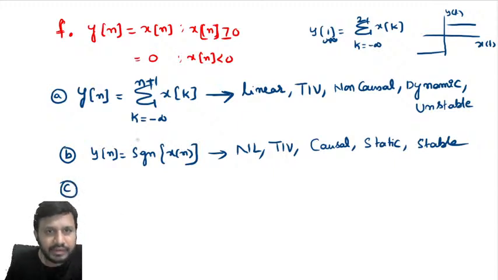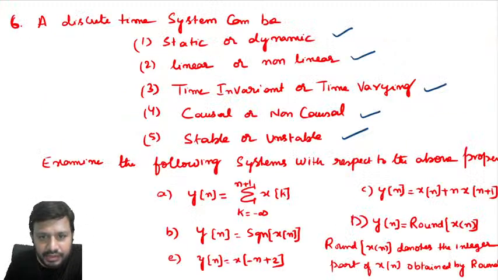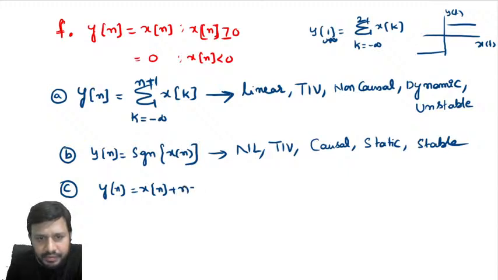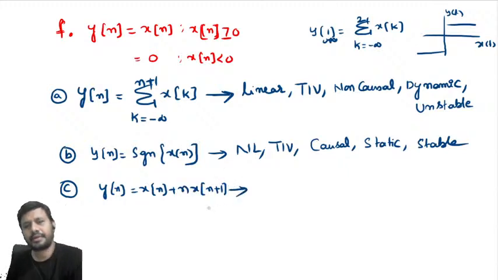Let's try the third one. What is the third one? y of n is equal to x of n plus n times x of n plus 1. Linear or non-linear? It is linear.